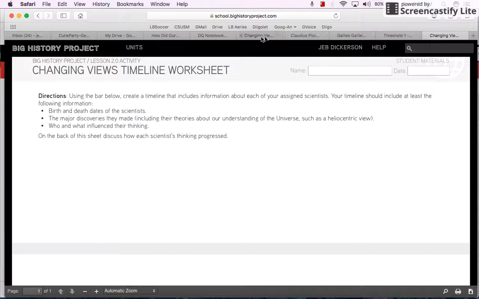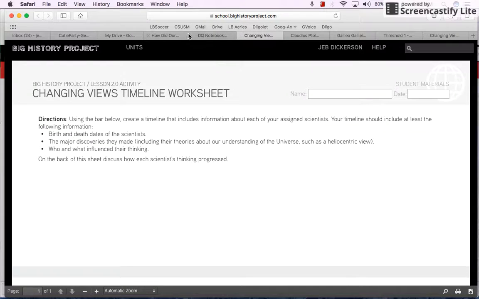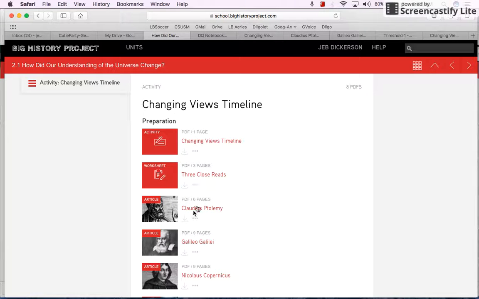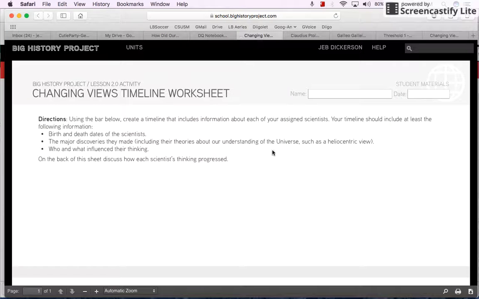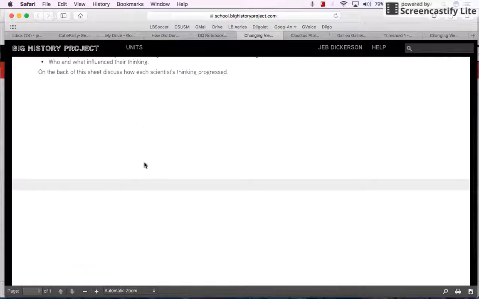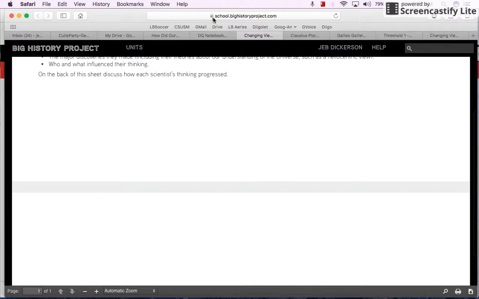So again, it doesn't really matter to me whether you choose Ptolemy and Galileo or Copernicus and Newton, but regardless, you're going to include at least the following: the birth and death dates, the major discoveries they made, who and what influenced their thinking. So those are the things that I'm going to want to see on your timeline in your notebook. So please draw a line in your notebook and put those items on the timeline.